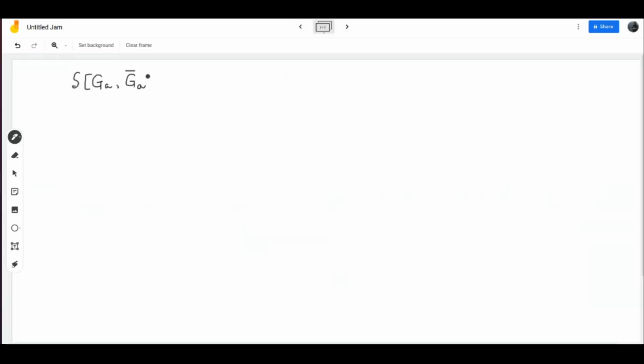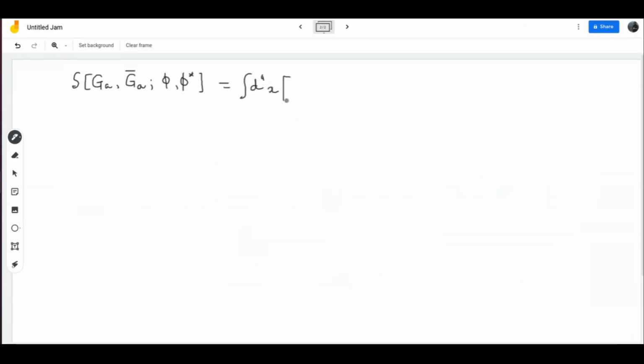So this is kind of fun. We begin with this action. Okay, so this action involves some new vector field G_A and its complex conjugate. So this is a complex 4-vector field, and of course, it's also a functional of phi and phi star. And what does it look like? Well, it looks very simple actually.